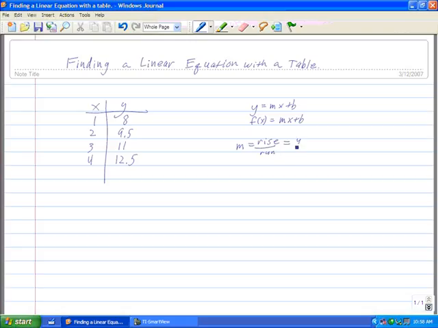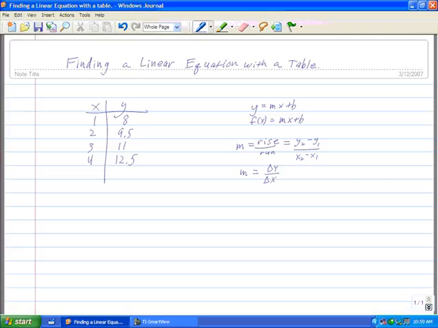It can be expressed as y2 minus y1 over x2 minus x1. But when we're working with a table of values, we typically write it as delta y over delta x, where the delta basically means change in.